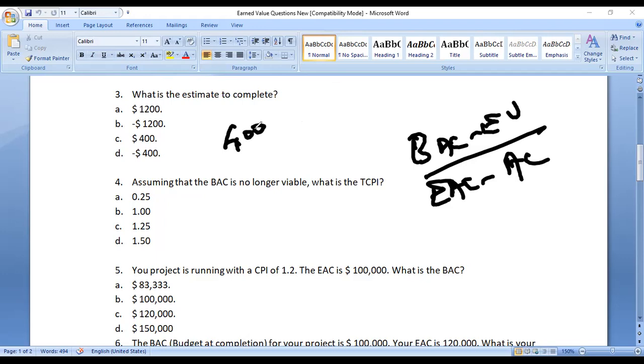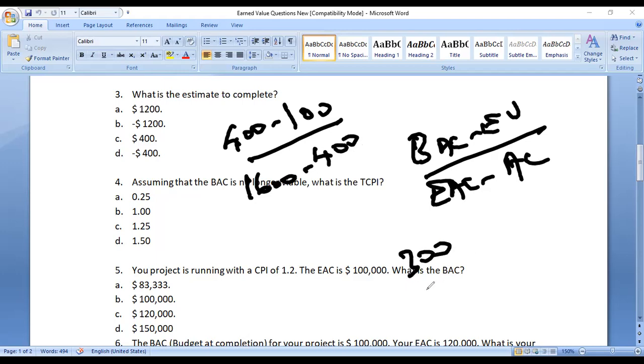BAC is 400, right? And EV is what? 25% of the work is completed. So 25% of 400 is how much? 100. EAC will be 1,600 and actual cost is 400. So here it's 300 divided by 1,200.